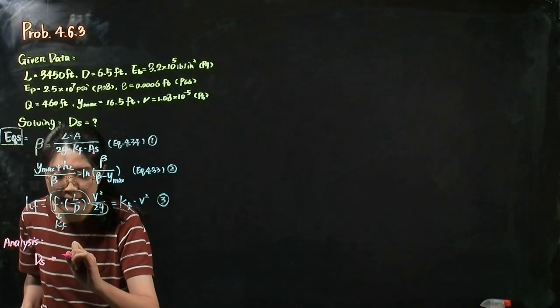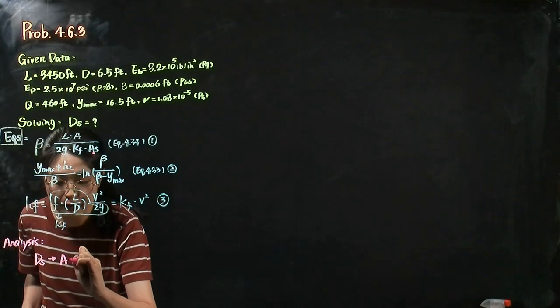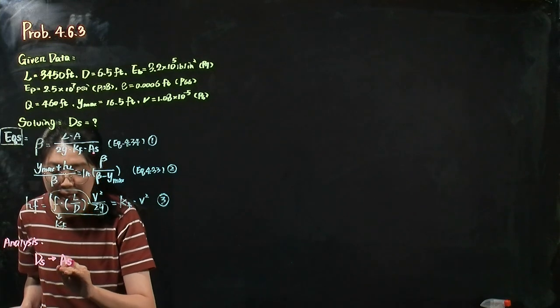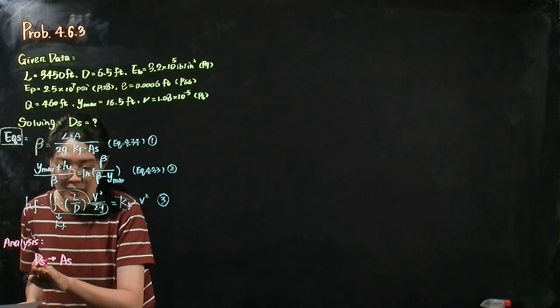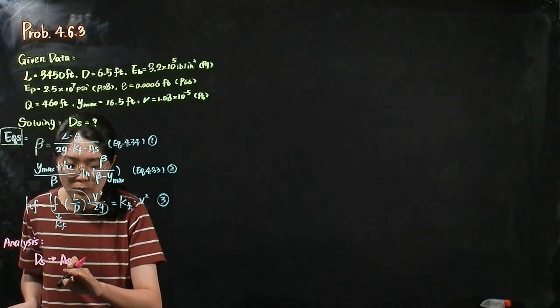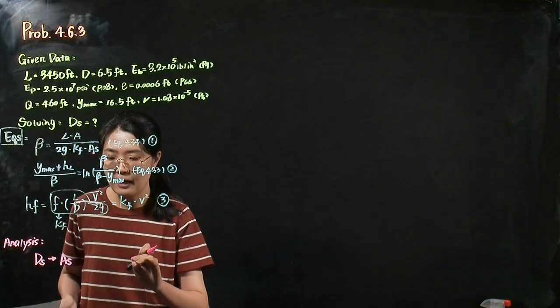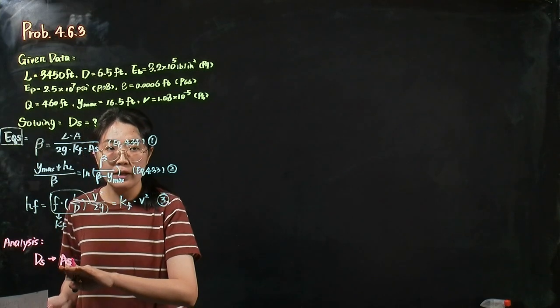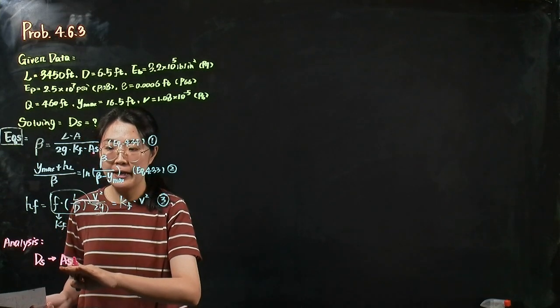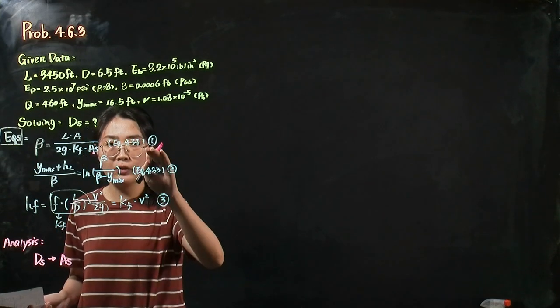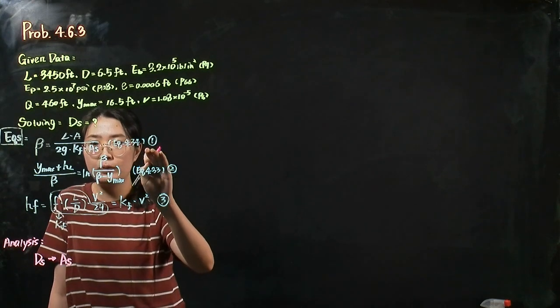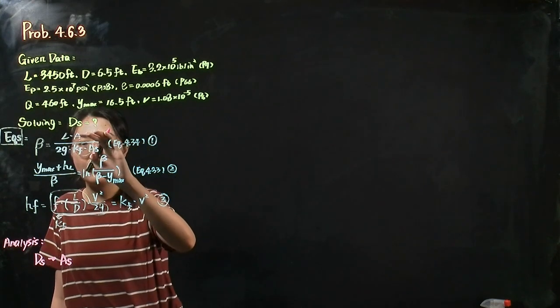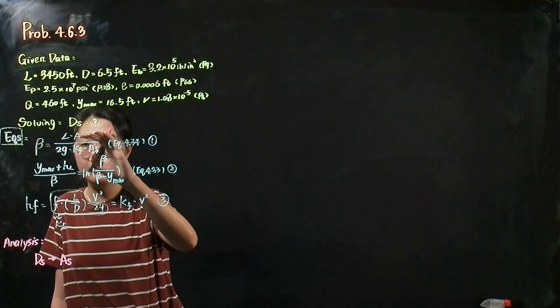If we can get the area of the surge tank, we can calculate the diameter because the area equals 1/4 times pi times D squared. Then we can find A sub S in equation 1. In equation 1, the length and the area of the pipe are given.